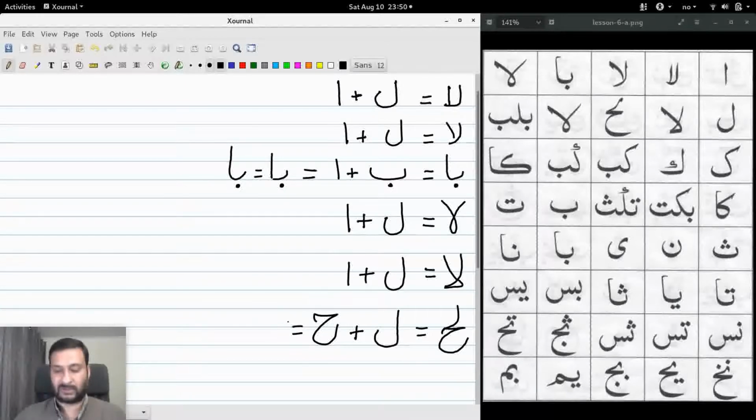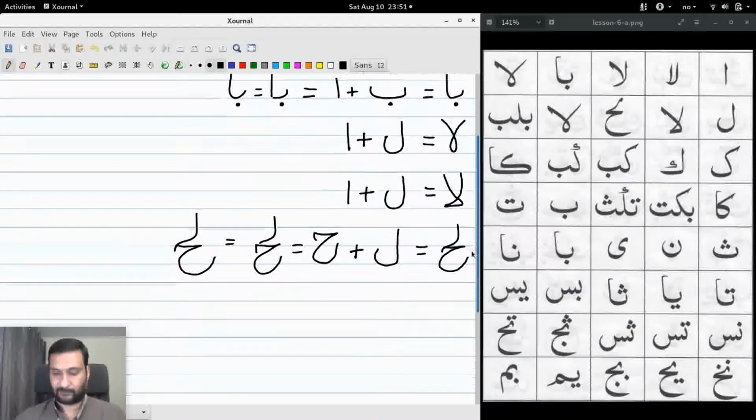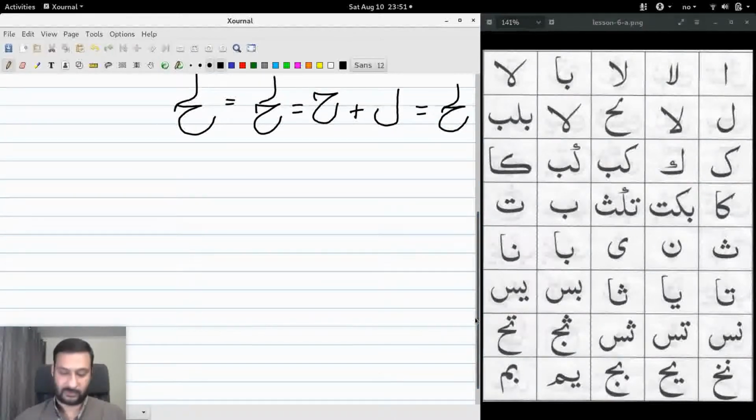The first part of lam is something like this, and then you attach a ha with it, so it becomes lam ha, something like this. All right, let's move on.